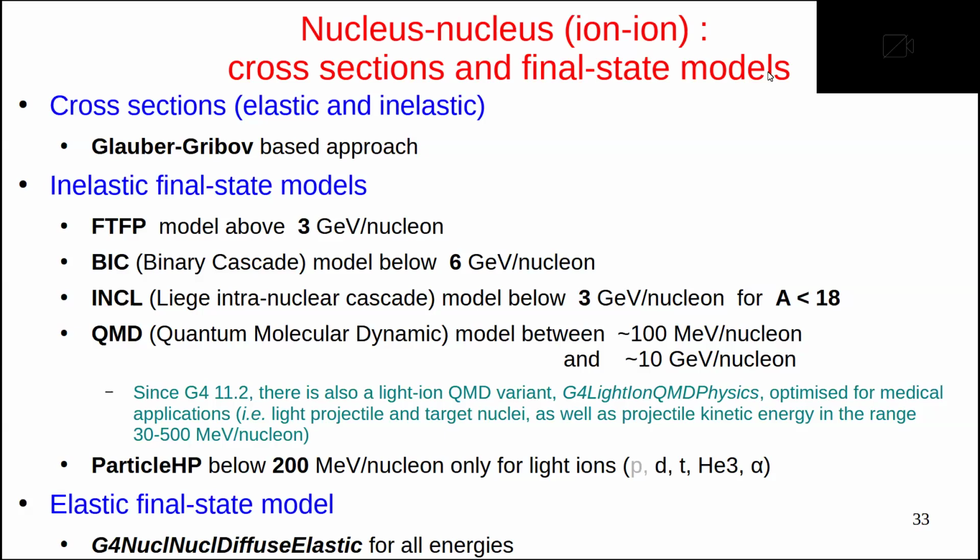The tuning of the parameters was also made for that case: light targets and light beams, essentially in view of hadron therapy. So there isn't anything strongly different, but it is a slightly different implementation and focus, with tuning and validation restricted to medical applications, let's say.